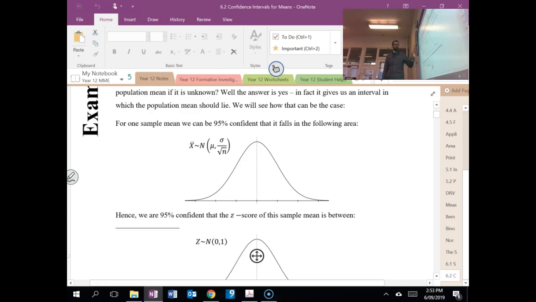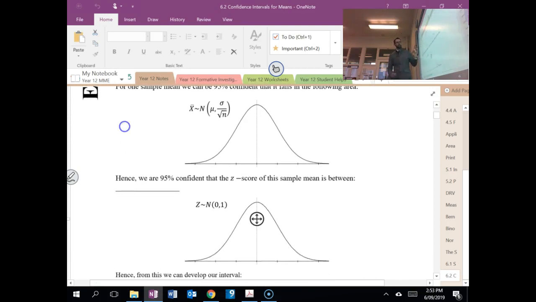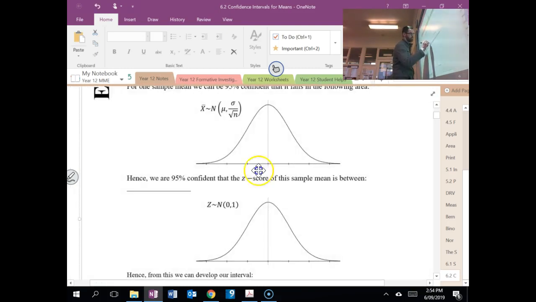So for one sample, if I go through and take a sample and get its mean, here I've got the distribution of sample means. In other words, this is a normal distribution and this is all my different sample means. The mean of my means is mu.